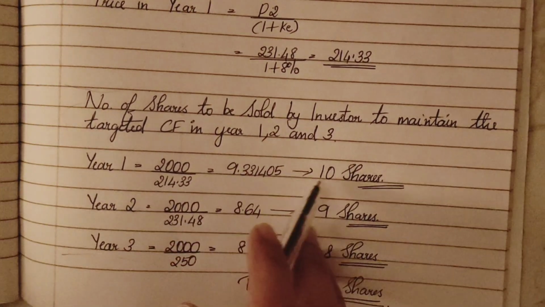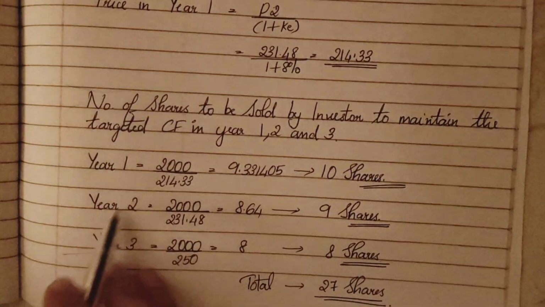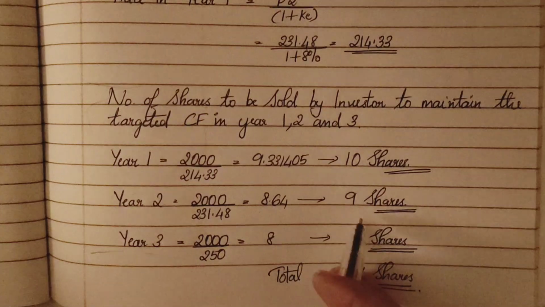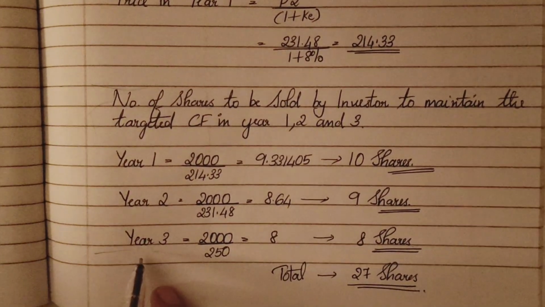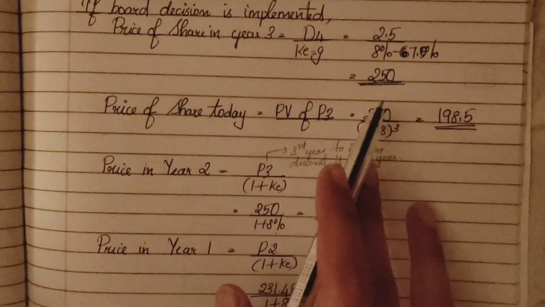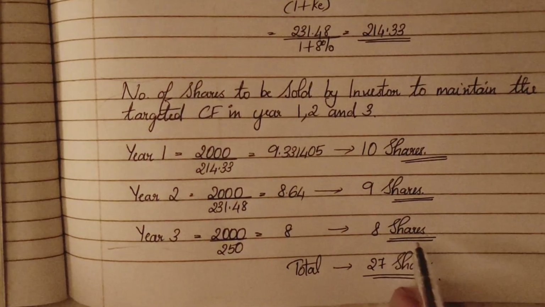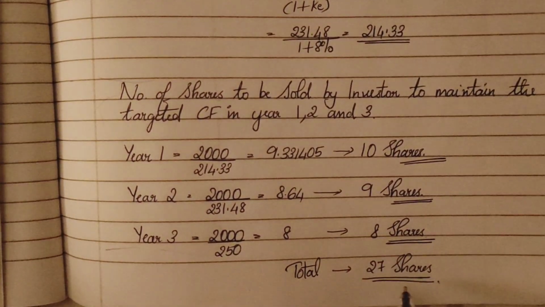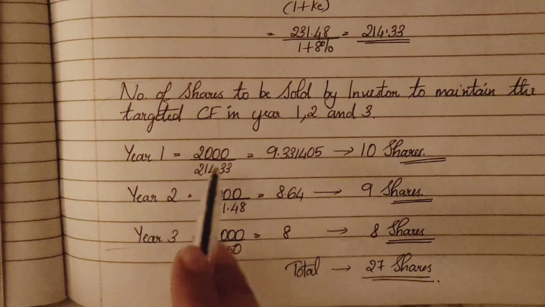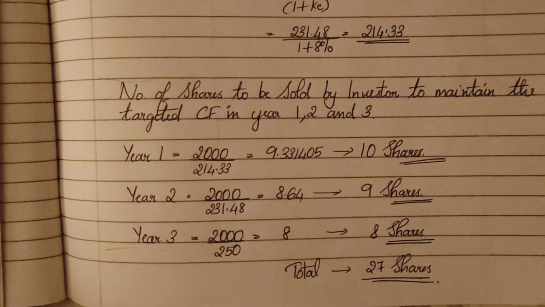So more than 9, 10 shares sell ചെയ്യണം. Then in year 2, 2000 divided by price in year 2, 9 shares. Then in year 3, 2000 divided by price in year 3, 8 shares. So total 1000 shares, 27 shares sell ചെയ്യണം to maintain the cash flows in year 1, 2 and 3.